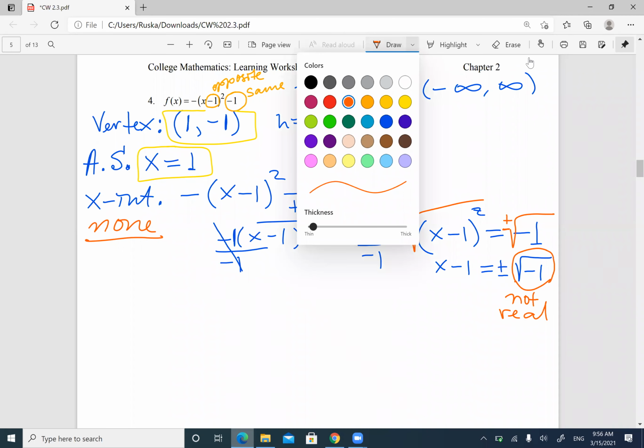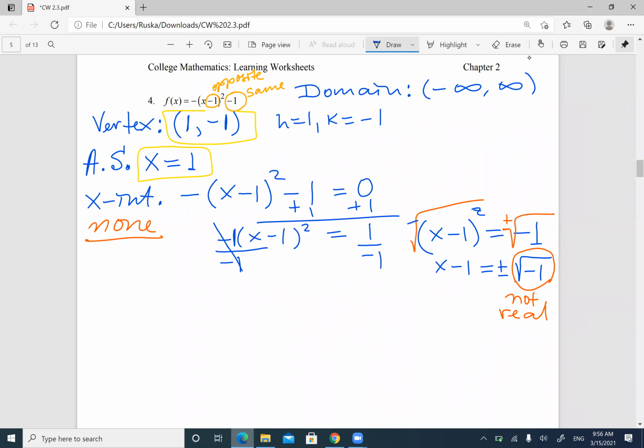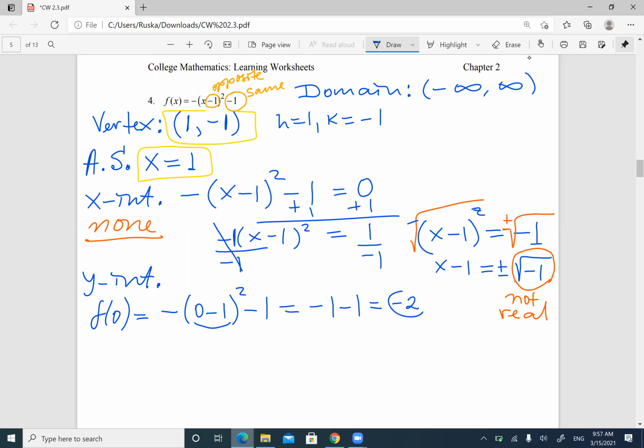Now let's find the y-intercept. For the y-intercept, we replace x with 0, so it's f of 0. So we have negative 0 minus 1 squared, minus 1. -1 squared is 1, so it's -1 minus 1, which is -2.